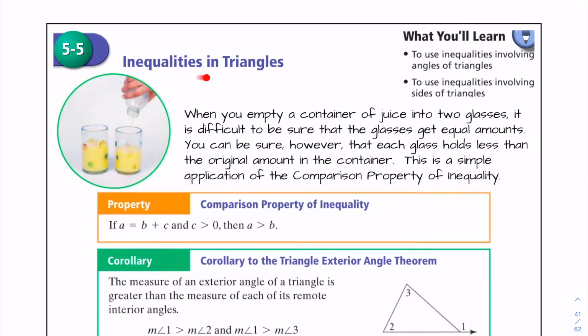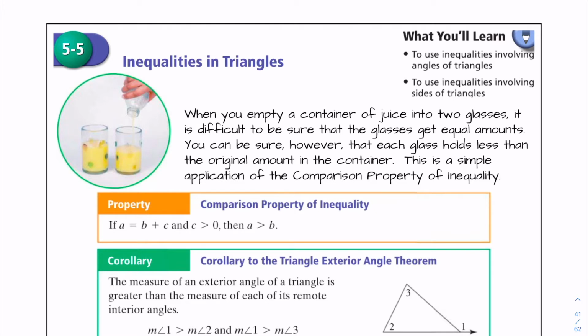But for inequalities in a triangle, let's think about this. When you empty a container of juice into two glasses, so here's your original glass, you dump it into these two. It's difficult to be sure that the glasses get equal amounts, right? Maybe one has a little bit more than the other.